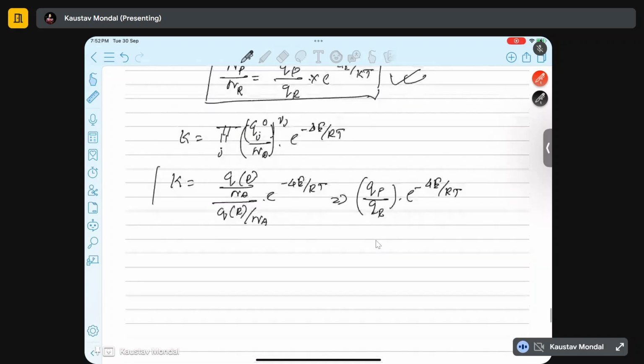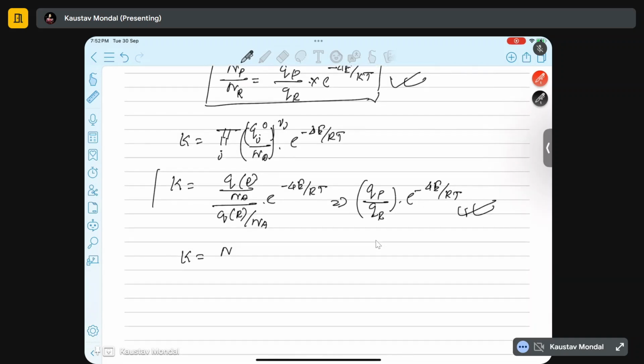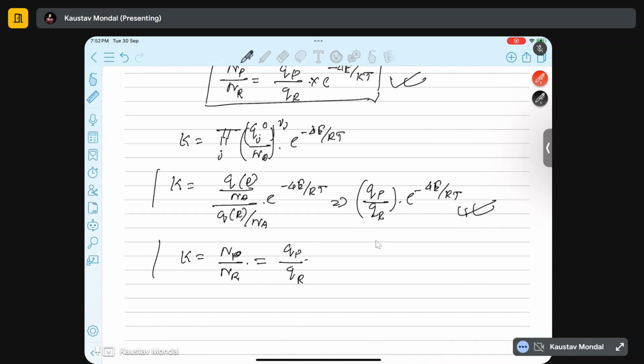So we can write K as equal to Np by Nr into e to the power minus delta E by RT, right? Sorry, equal to Qp by Qr into e to the power minus delta E by RT, right?